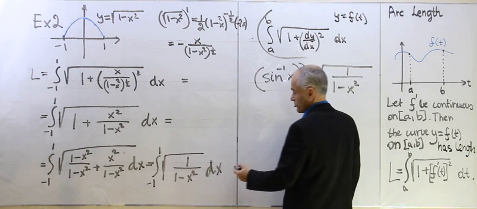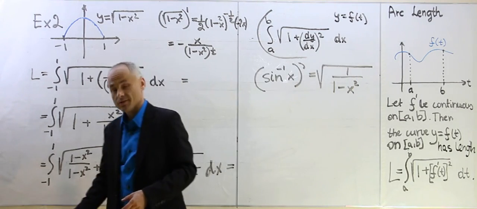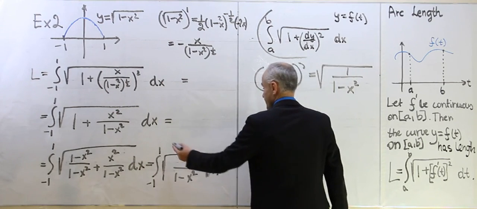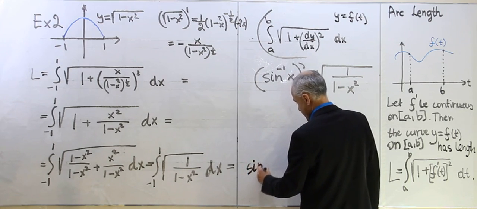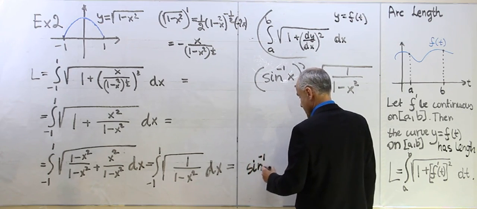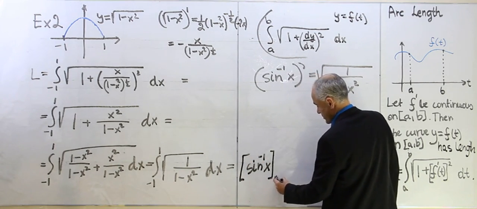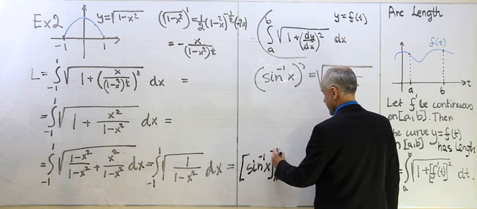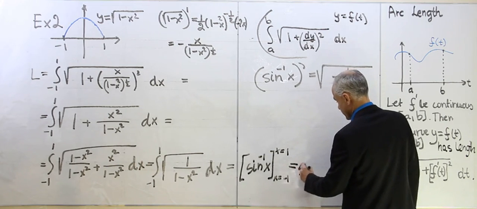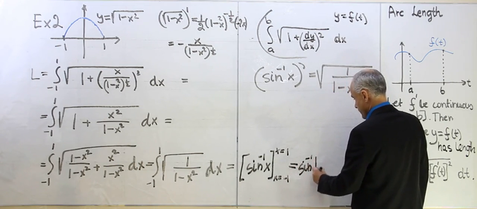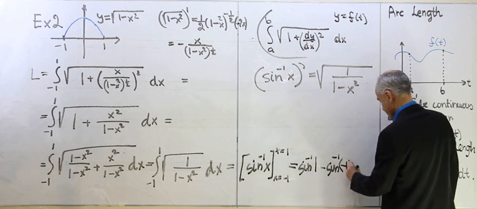So how do we complete this problem? Well, we need to evaluate inverse sine at 1 and at negative 1. So we get inverse sine of x, evaluate it when x is equal to negative 1, then evaluate it when x is equal to 1, and then we take the difference. So we have inverse sine of 1 minus inverse sine of negative 1.